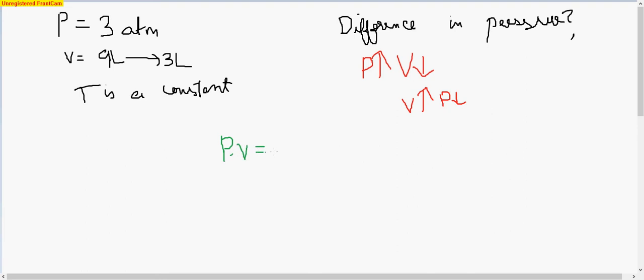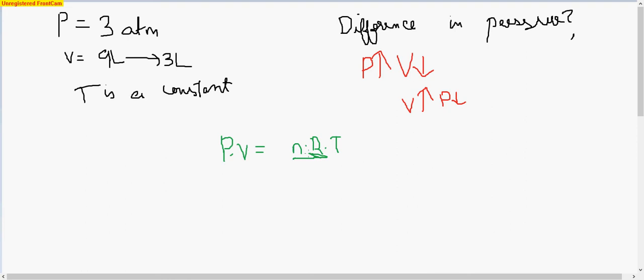PV is equal to nRT, right? Now, n doesn't change. Even though we reduce the volume, n remains constant. We just shrink the container or pour it into another small container, so the number of moles remains the same.